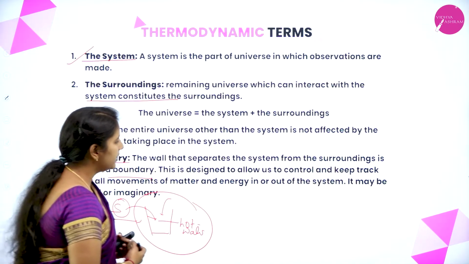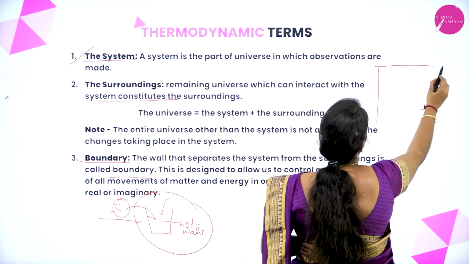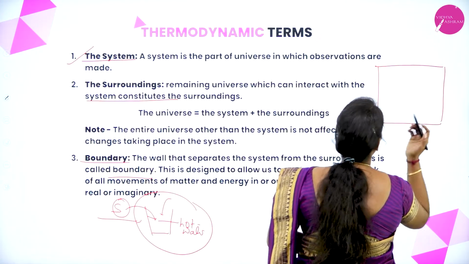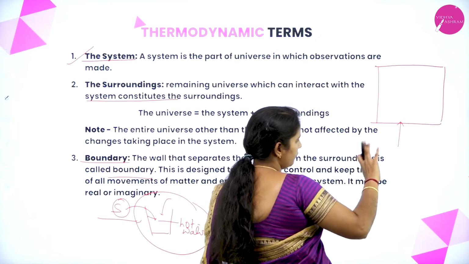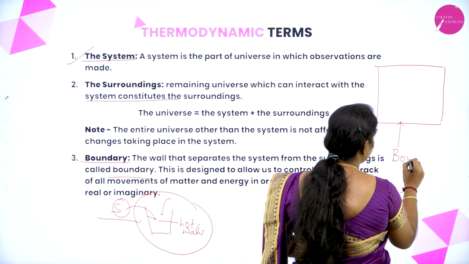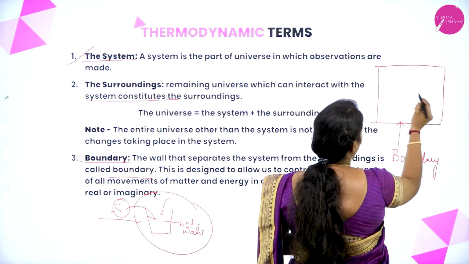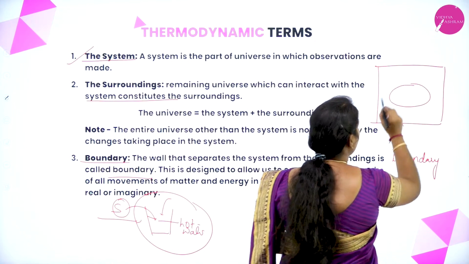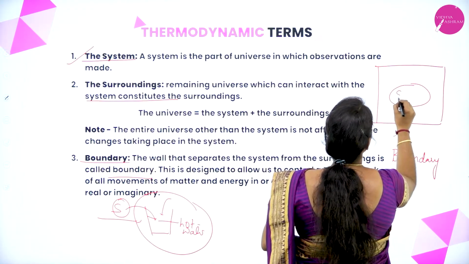So I can rewrite this by taking an example. This is an imaginary line I am drawing. We know that this is a line which is separating the system from the surrounding. Hence, it is a boundary. So, what I said, the system is something we are going to study.